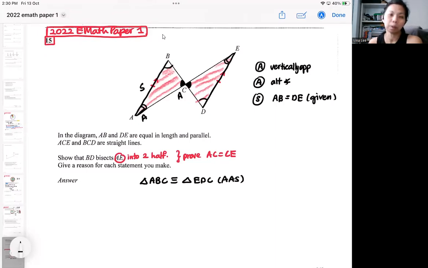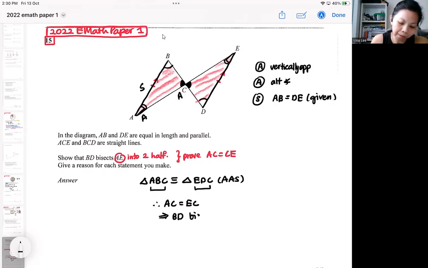After you prove the congruency, you explain that since they are congruent, it also tells you that AC is equal to EC. And because of this, that means BD successfully bisects AE.